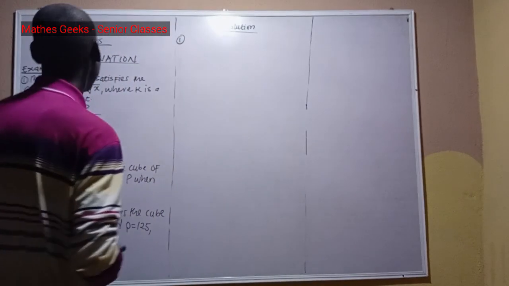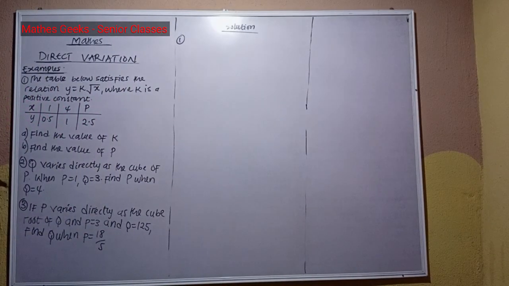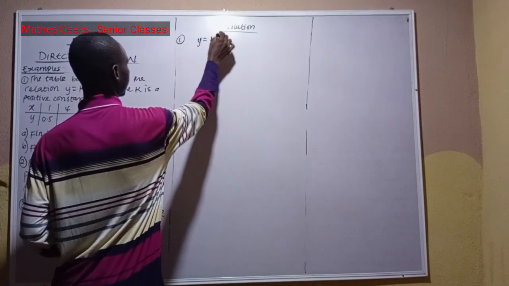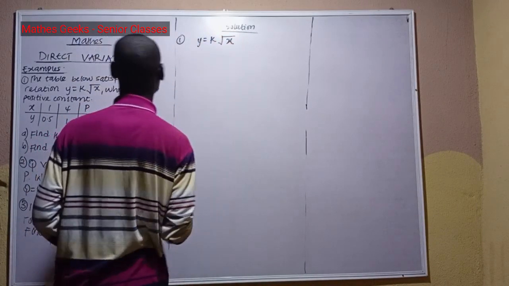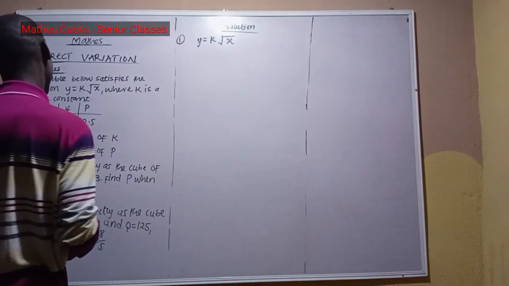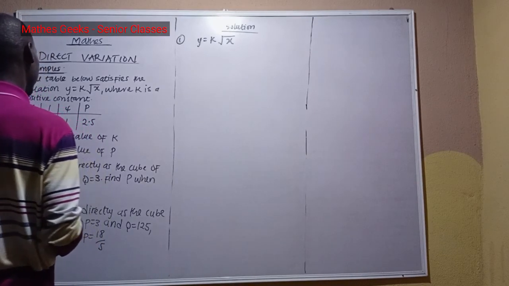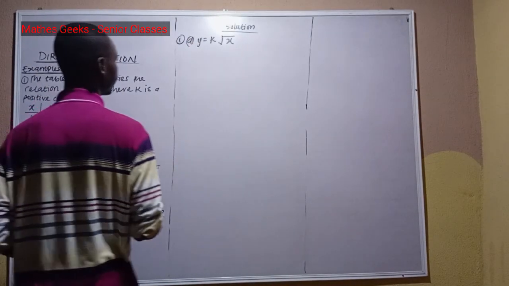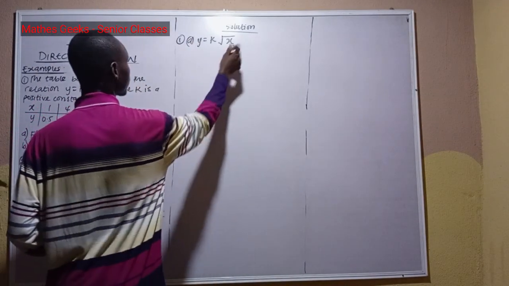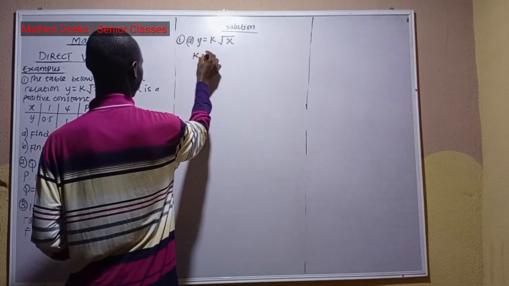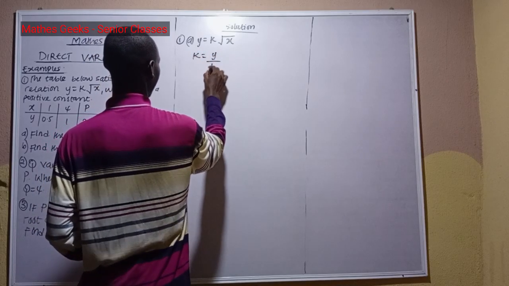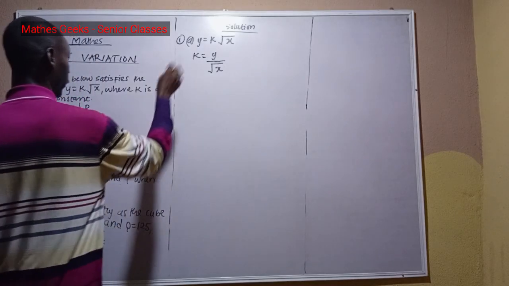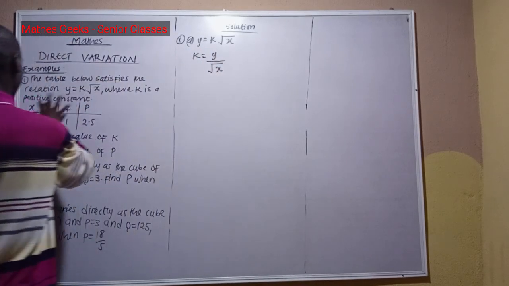Okay, the table below satisfies the relation y is equal to k root x, where k is a positive constant. Part a says find the value of k. To get the value of k, make k the subject of the formula. k is equal to y over root x, and we can get the values of y and x from this table.